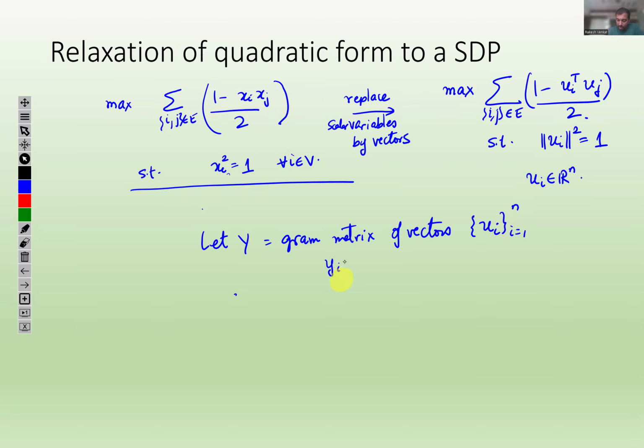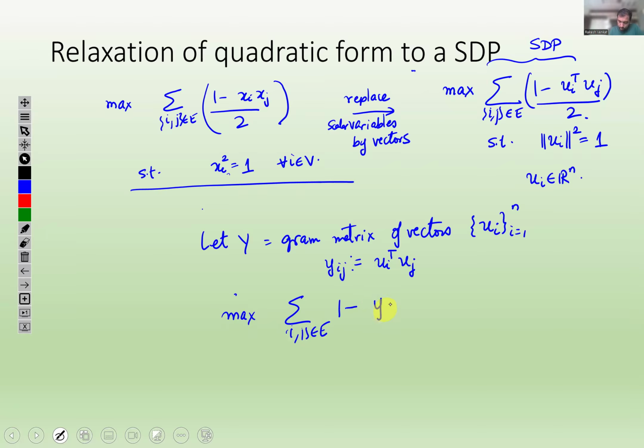That is Yij is equal to Ui transpose Uj. Right? This is what it is. And once I define this, you'll notice that everything becomes linear here. The SDP, so let me call this as the SDP, is basically this maximization, again a linear constraint in the Y's, but the only constraint I have is that Y should be a Gram matrix.